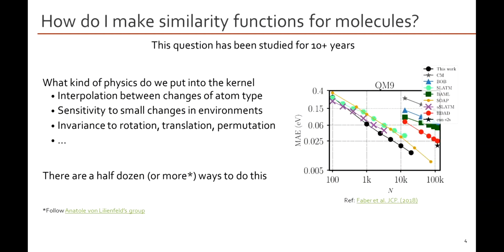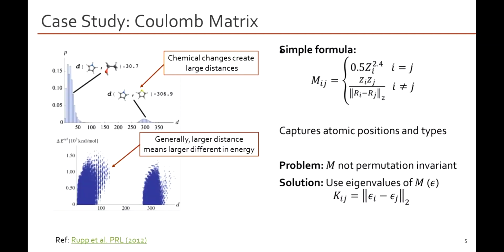And one of the examples that illustrates a lot of these points is one of the early kernel-based methods in machine learning known as the Coulomb matrix. So the Coulomb matrix is defined by a simple formula where the diagonal components of this matrix are encodings of the atomic number of each of my atoms.